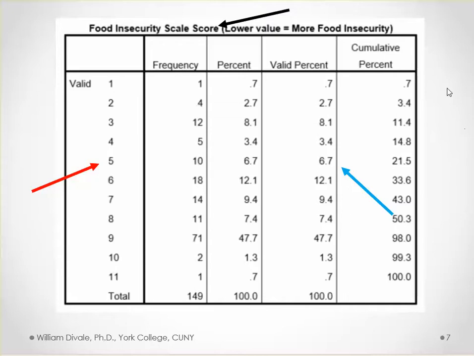So one person represents 0.7% of the sample. Two people plus that one person represents 3.4% of the sample.